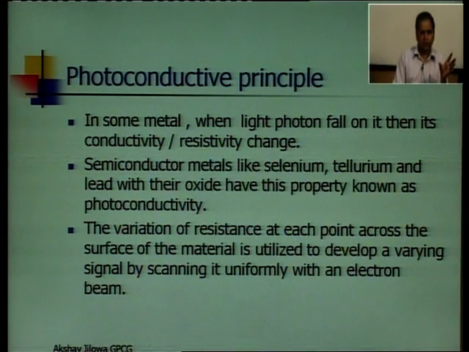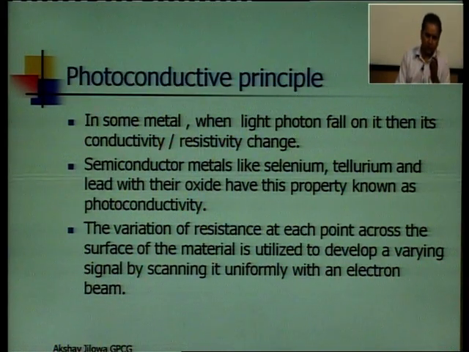If conductivity increases, then resistivity will decrease, as they are inversely proportional, reciprocals of each other.